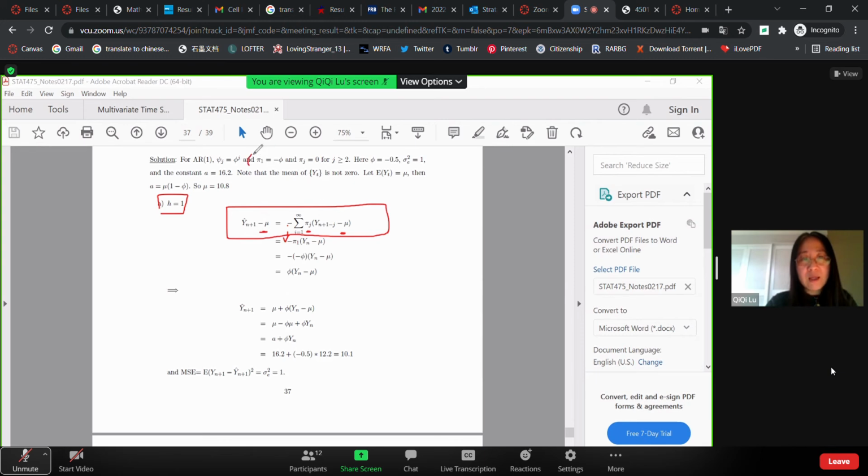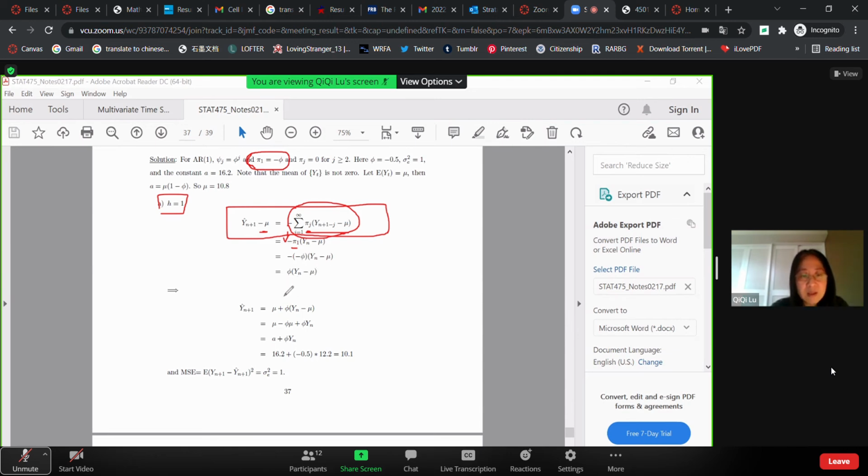So we have only one non-zero pi j, which is pi 1. So in this sum, we have only the pi 1 term. Here j equals 1, so that's yn minus mu. And then pi 1 is negative phi, so negative, negative, positive, that's phi yn minus mu here.